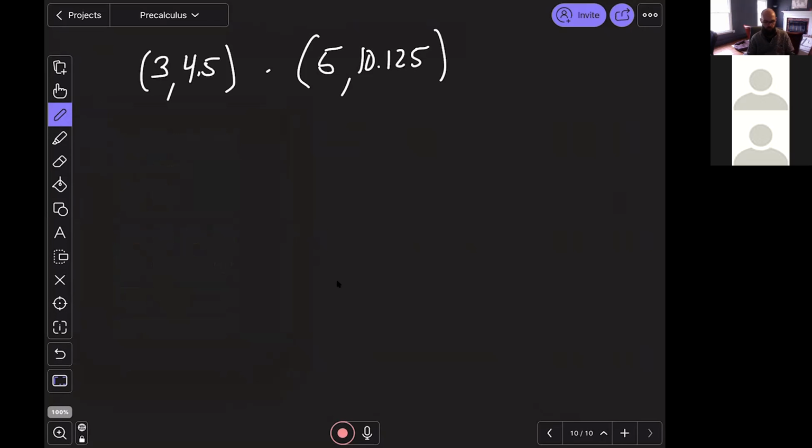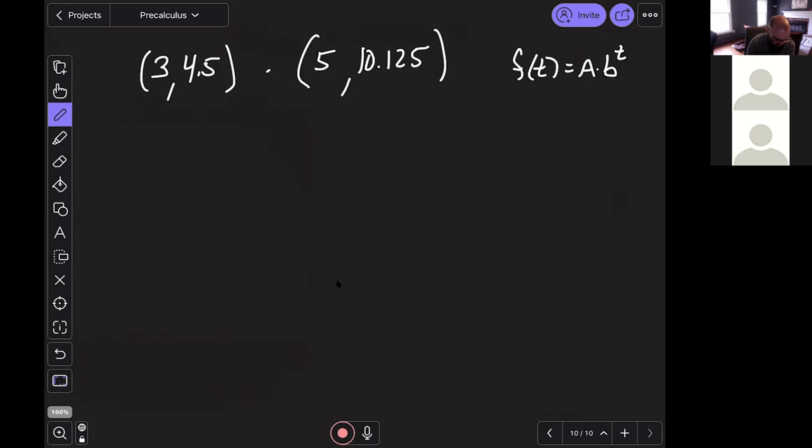What we want to think about is how we can find an equation that has the form we want. The equation we want is of this form: f(t) = a times b raised to the t power. Just that same form for exponential functions.